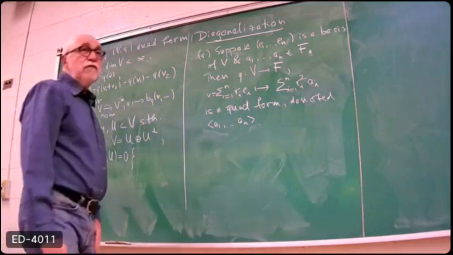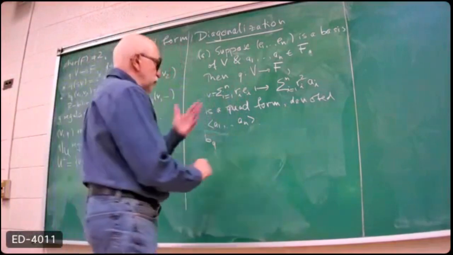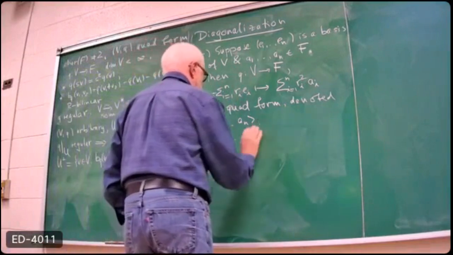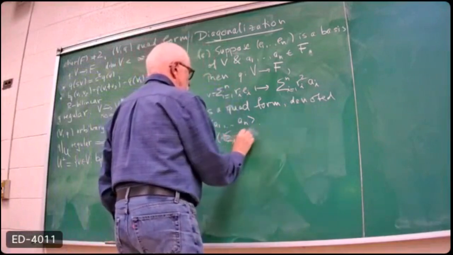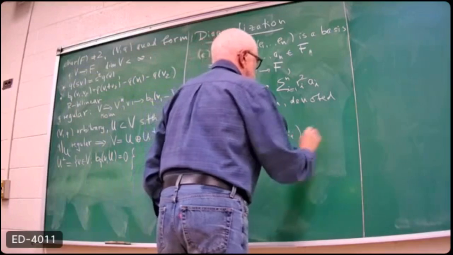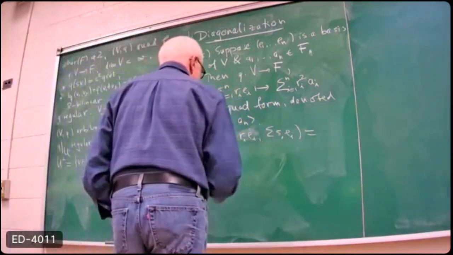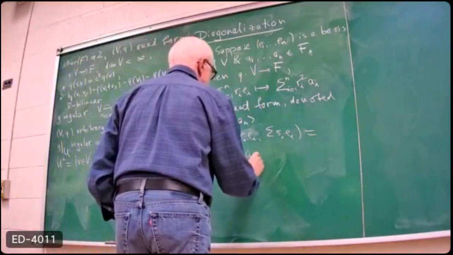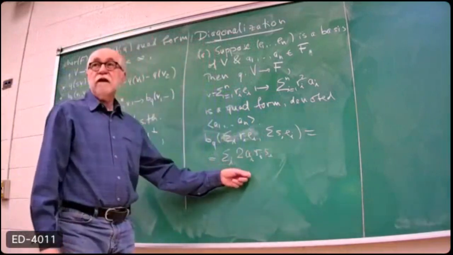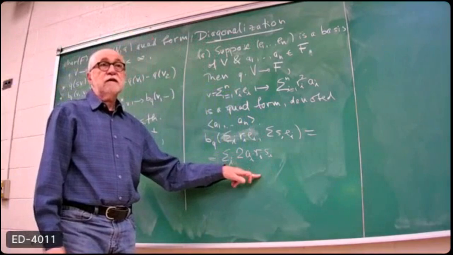And it is a quadratic form because B_Q for this particular form, of the vectors with coordinates r1 up to rn and s1 up to sn, if you work everything out, is the sum over i of 2 a_i r_i s_i. The a_i are constant, so you consider this as a function of the r_i and s_i, a bilinear function.